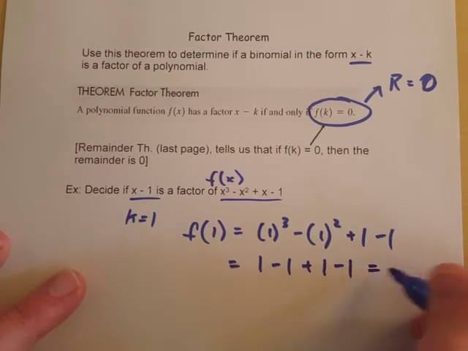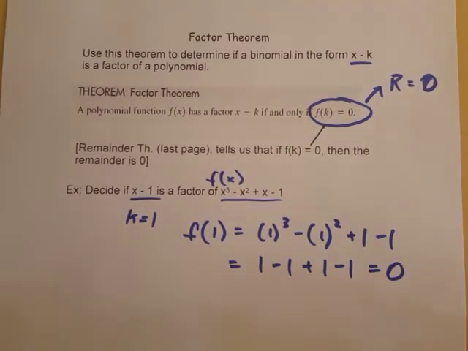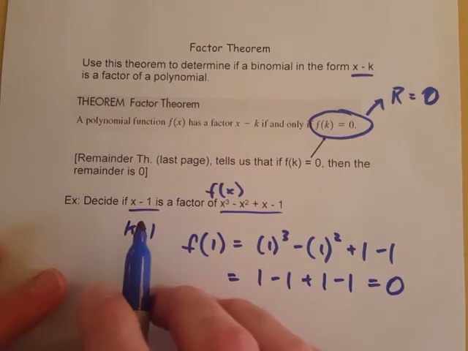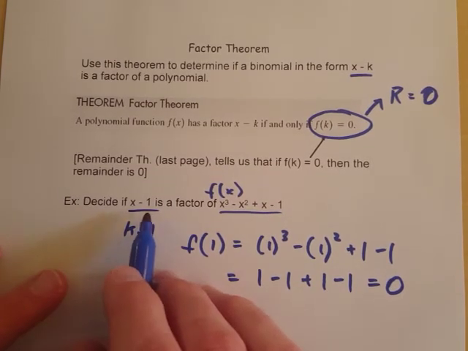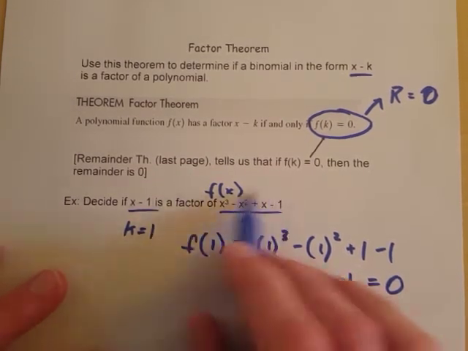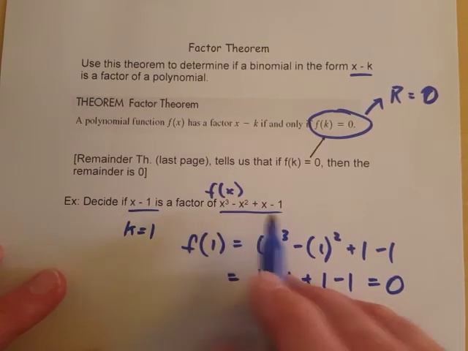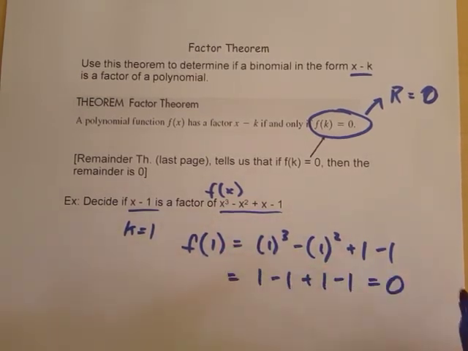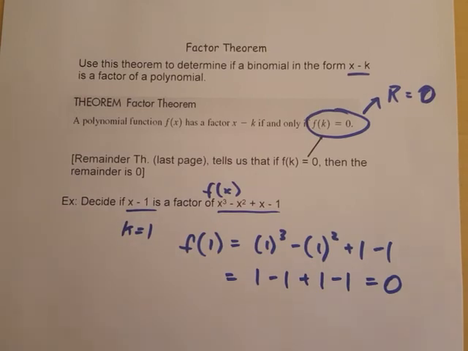So overall it does equal 0, and so what that tells us is that x minus 1 is indeed a factor of this polynomial, and so it divides evenly into that polynomial because the remainder is equal to 0.